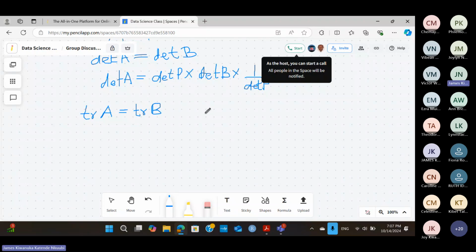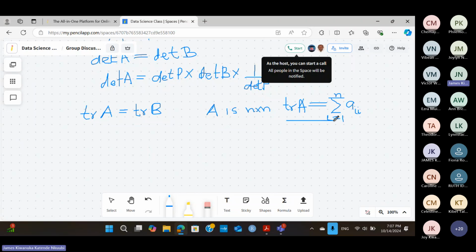So if A is an n by n square matrix, we define the trace of A equal to the sum of the elements in the leading diagonal. It means those are just the elements a_ii, where i will run from 1 up to n.